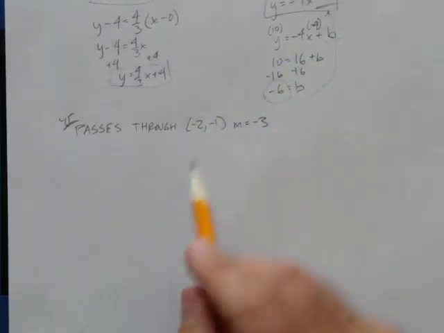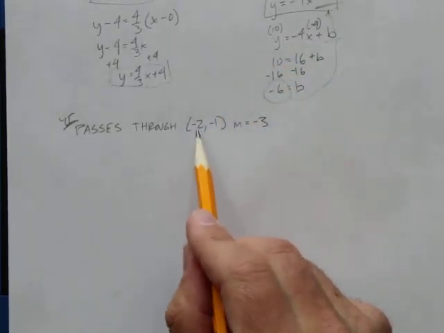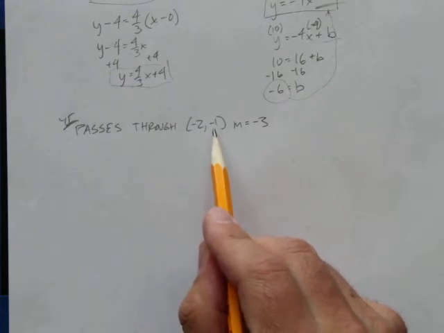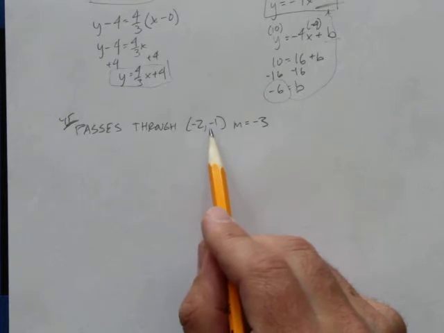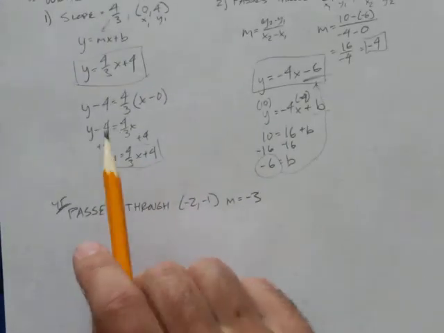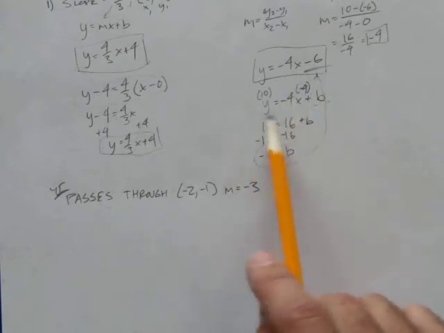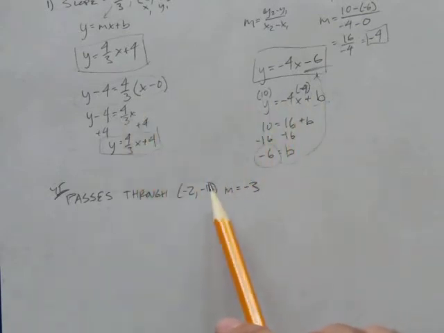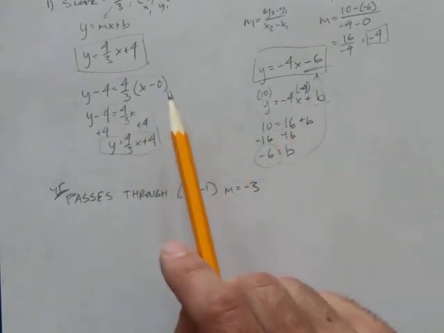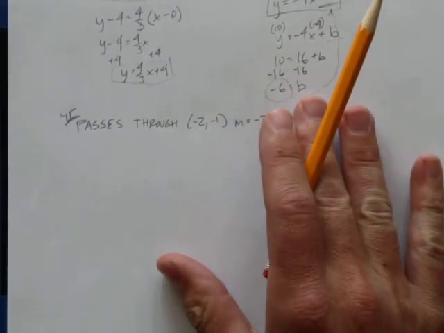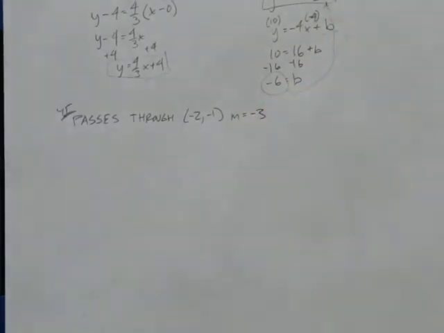Notice you don't have 0 for your x value and then a number for your y value, so it's not so easy to get your y-intercept. You're going to need to use point slope form, or you're going to need to use this method here, in order to find your y-intercept. Okay, so go ahead and pause and get to work.